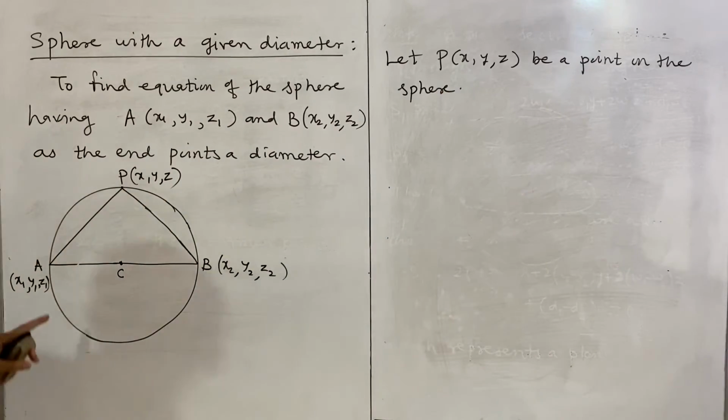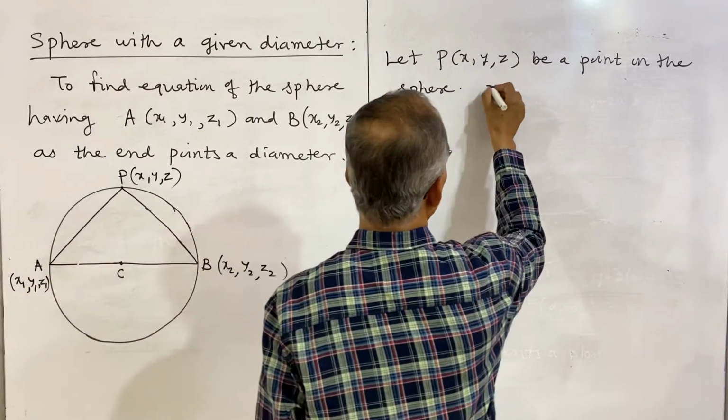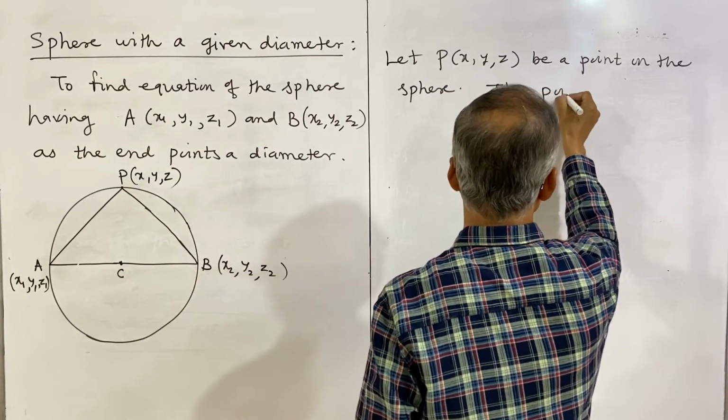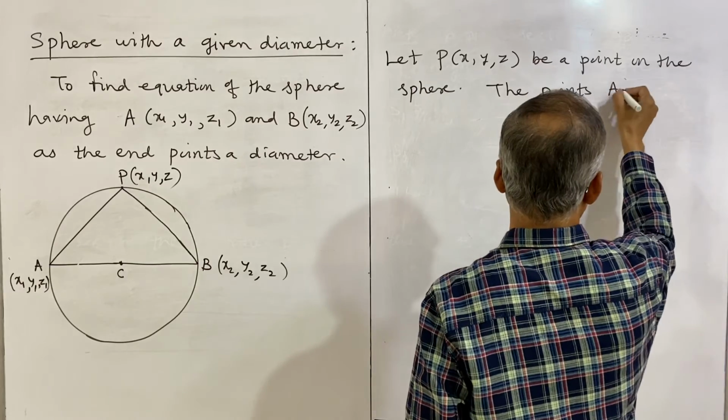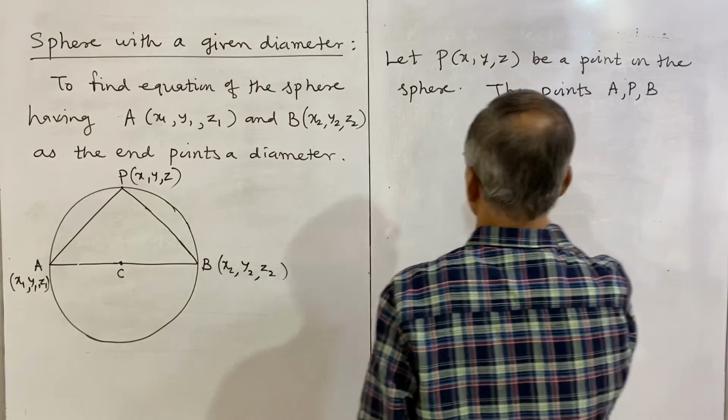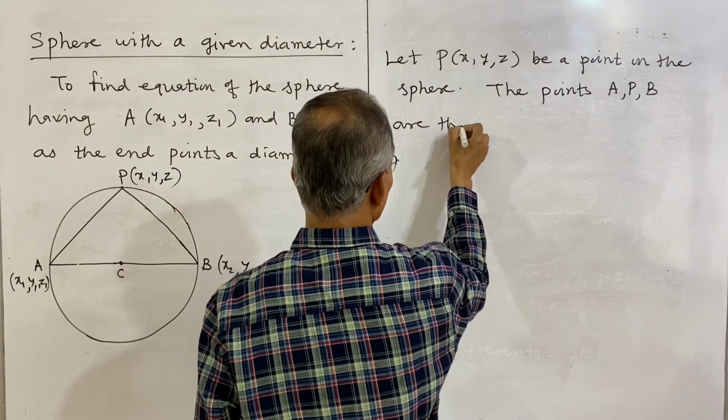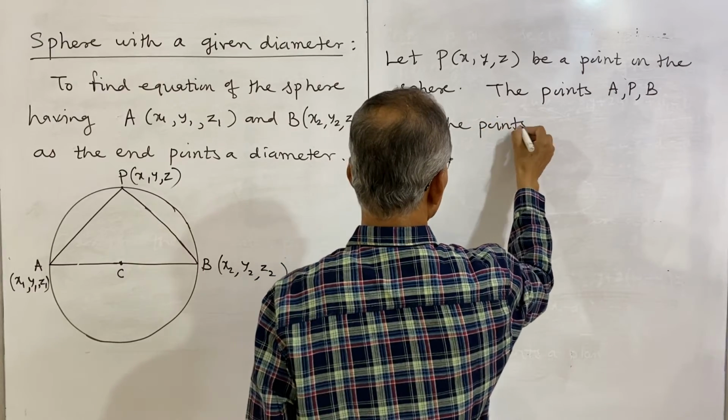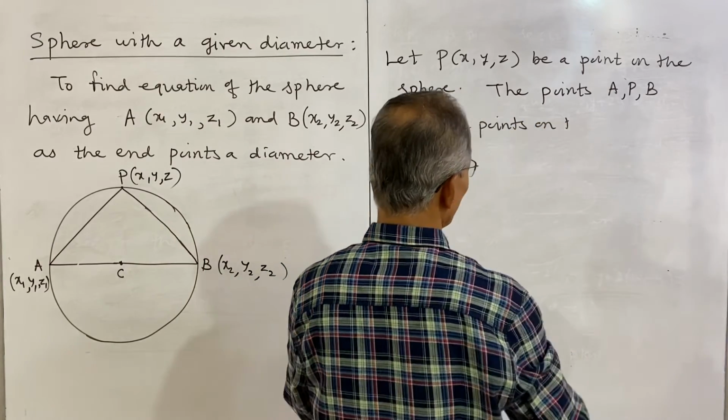Then A, P, B are points on the great circle.